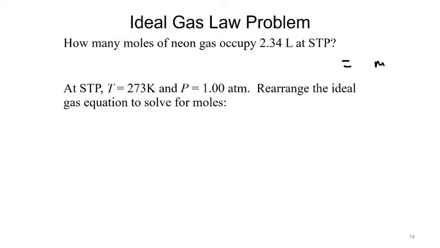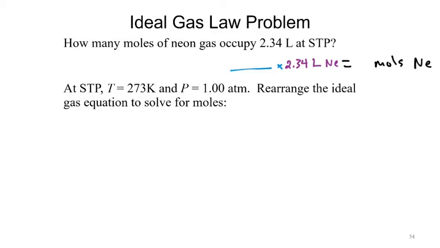We are solving for the moles of neon, given that you are starting with 2.34 liters of neon. You should be able to do some calculations out here, just helping you out, giving you a step.